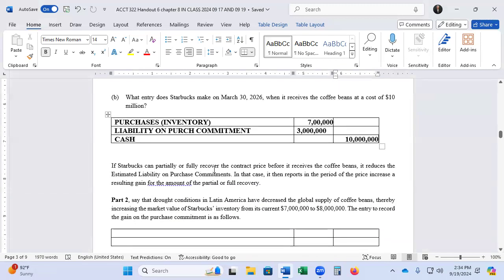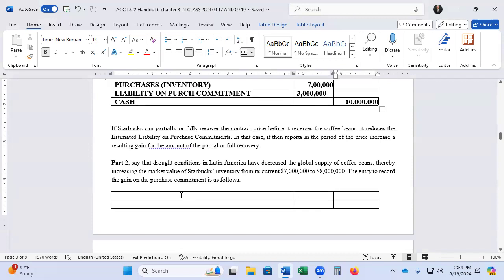Okay, if Starbucks can partially or fully recover the contract price before it receives the coffee beans, it reduces the estimated liability on purchase commitments. In that case, it reports in the period of price increase a resulting gain for the amount of the partial or full recovery. So drought conditions in Latin America have decreased, thereby increasing the market value from its current 7 million to 8 million.